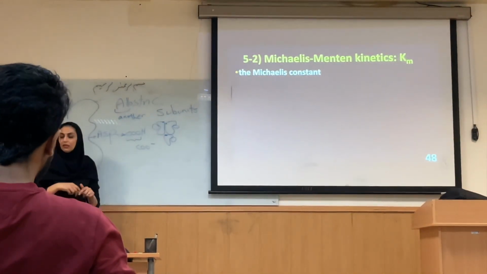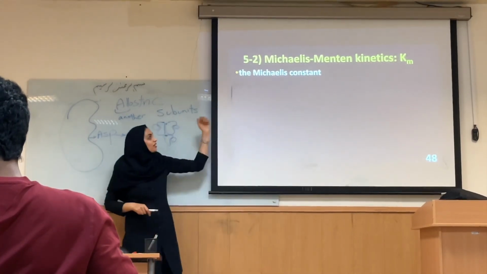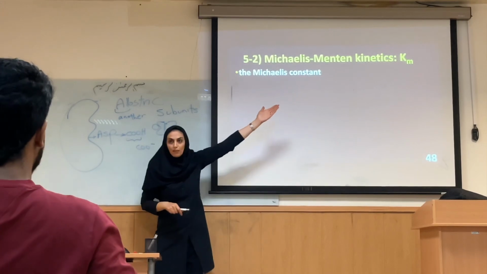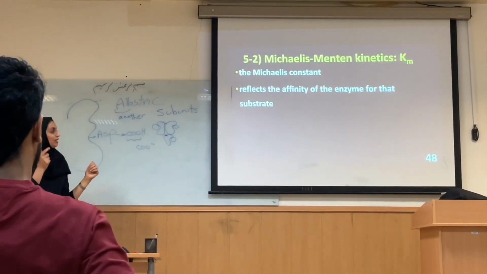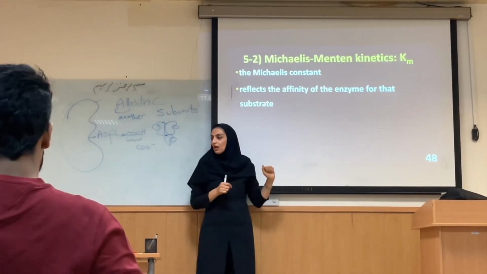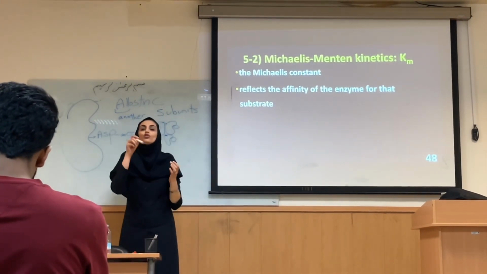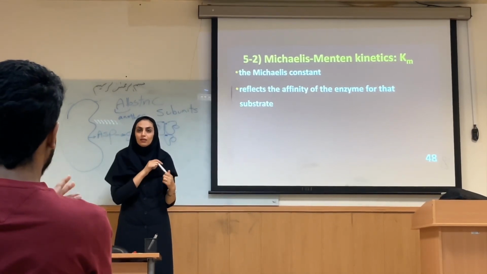Right, about the Michaelis-Menten kinetics, you should know about the Michaelis constant Km. Our friend explained that Km is the affinity of the enzyme for the substrate. Could you repeat the definition of Km again? It is the substrate concentration at half of Vmax.